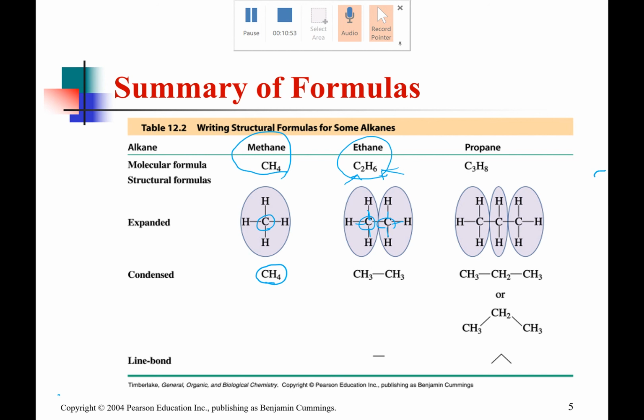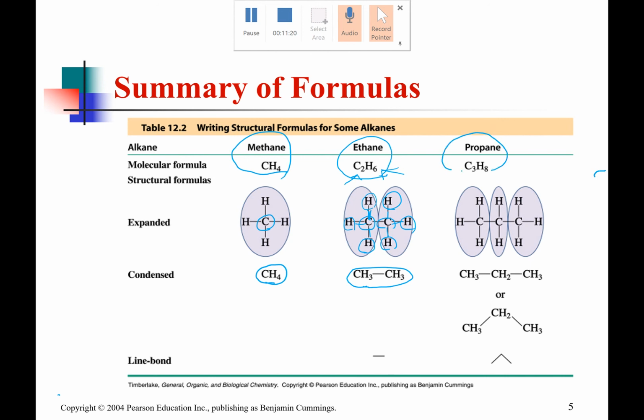So there is no carbon-carbon bond on this location. I have a hydrogen, hydrogen here, hydrogen here, hydrogen here, hydrogen here, and hydrogen here. So this is the expanded structure of ethane, which has got 2 carbons. And for condensed formula, we show only carbon-carbon bond. We do not show the carbon-hydrogen bonds.